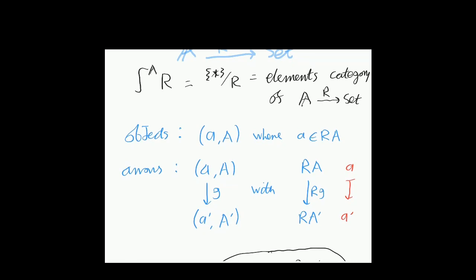The objects consist of pairs of an object capital A in scripty A and an element little a of R of capital A, and an arrow from one element little a to another element little a' is going to correspond to an arrow g from the object A to the object A' in the category scripty A, such that R of g sends this little a to this little a'.